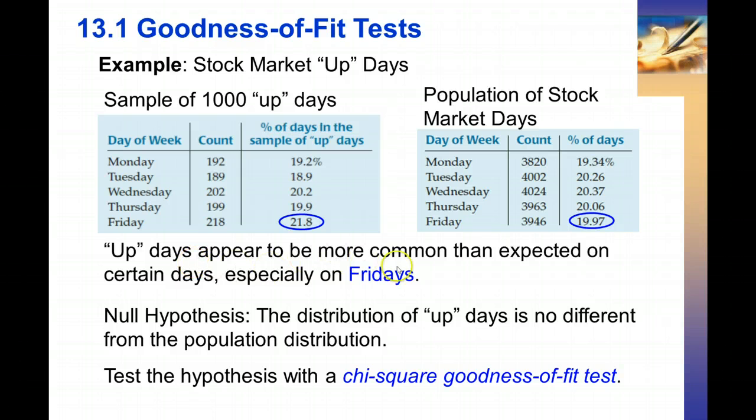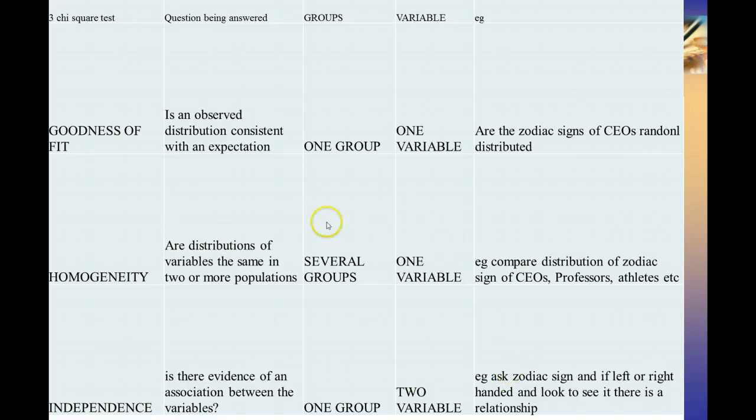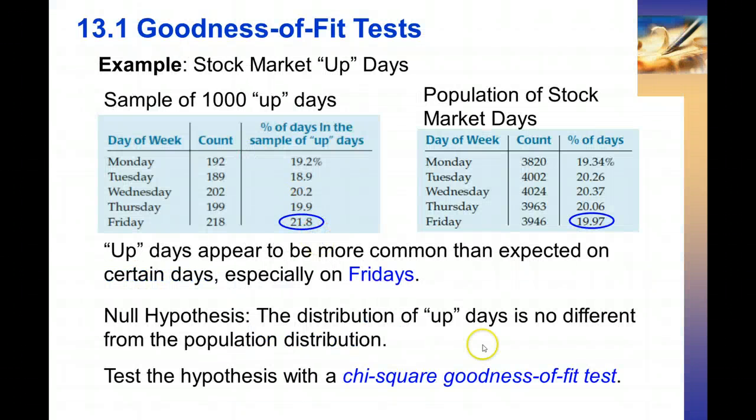So up days appear to be more common than expected on certain days, especially on Fridays. This is higher than this. The null hypothesis is that the distribution of up days is no different from the population distribution, and you can test the hypothesis with a chi-squared goodness of fit model, and you can do it because you have one group, one variable, and you want to see if it matches the expectation.